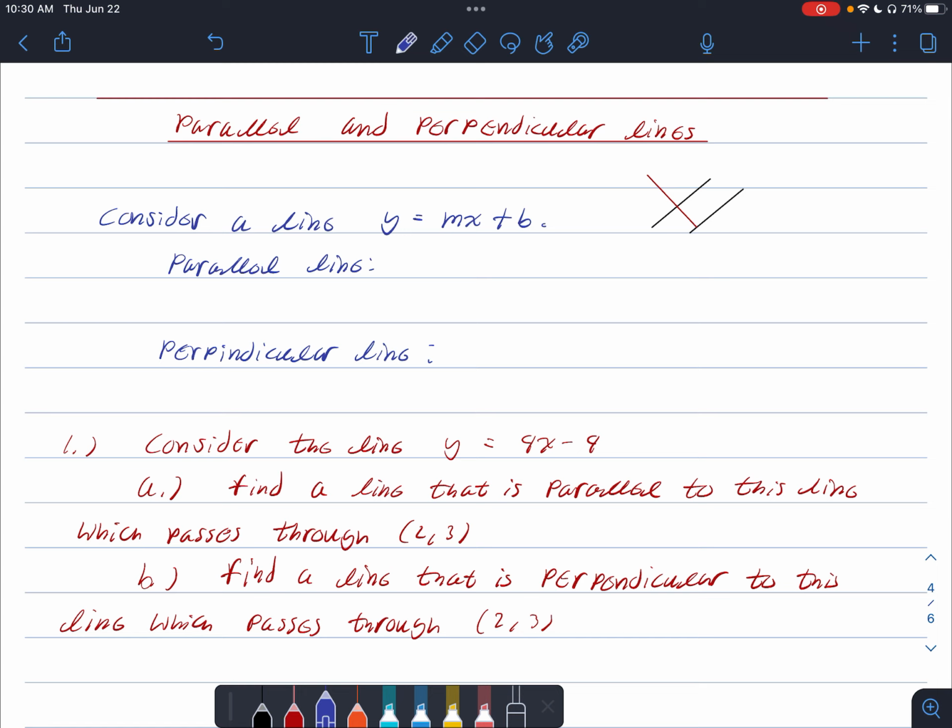So here we have a parallel line. We'll have the same slope, but it may have a different y-intercept. So it's going to have the form y equals mx plus c, where c is not equal to b, or it may not be.